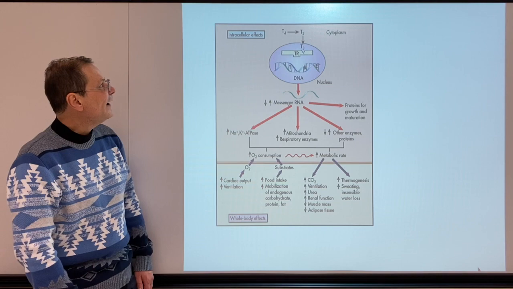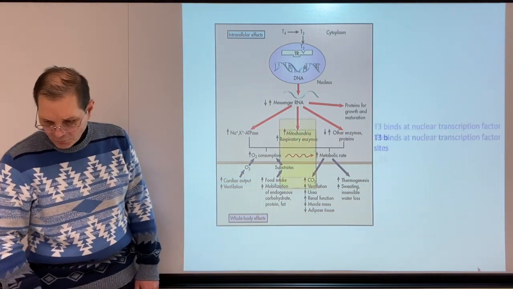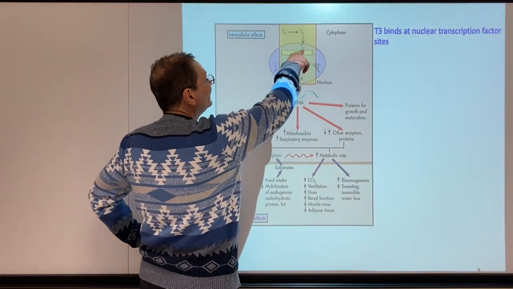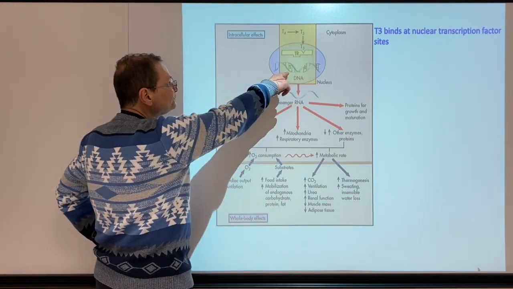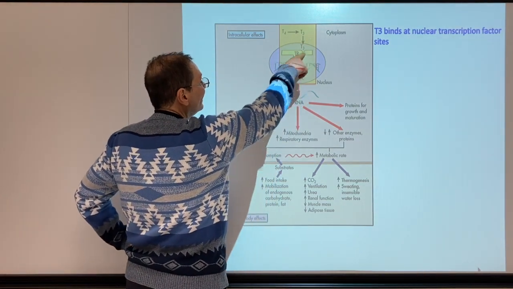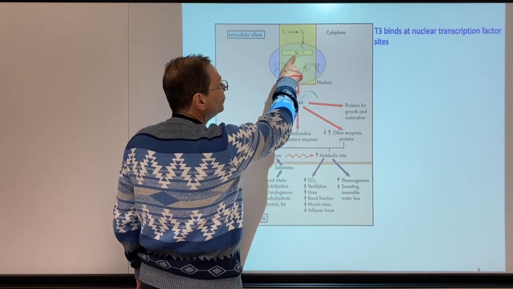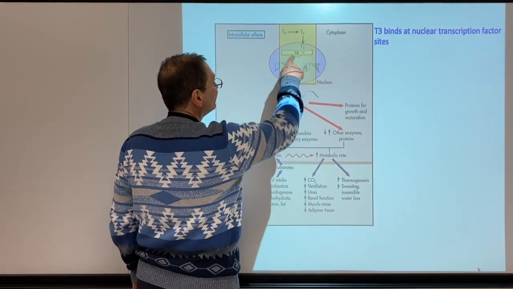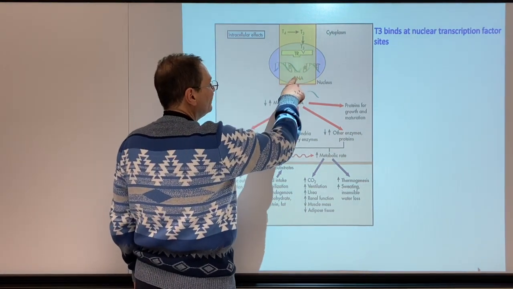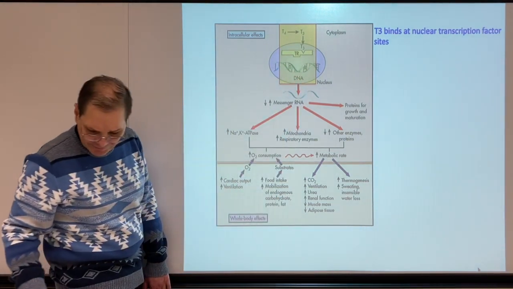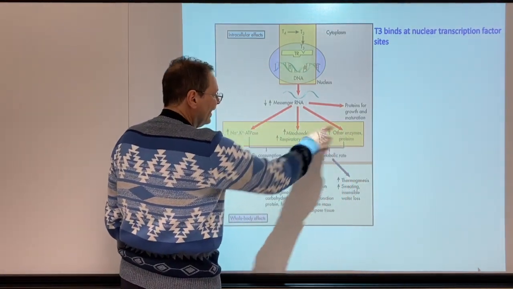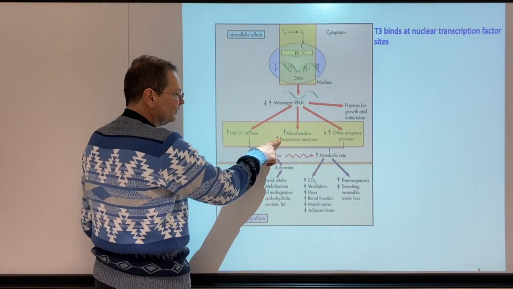All right, and finally, these are the effects of thyroid hormone. Thyroid hormone is transported into the cell, makes its way into the cell, and binds to a thyroid hormone transcription factor, and what it does is it increases the expression of proteins, enzymes, mitochondrial respiratory enzymes.